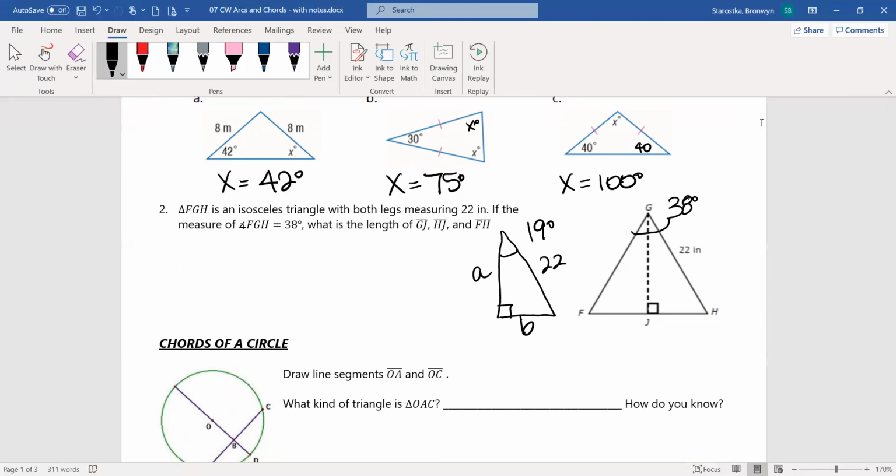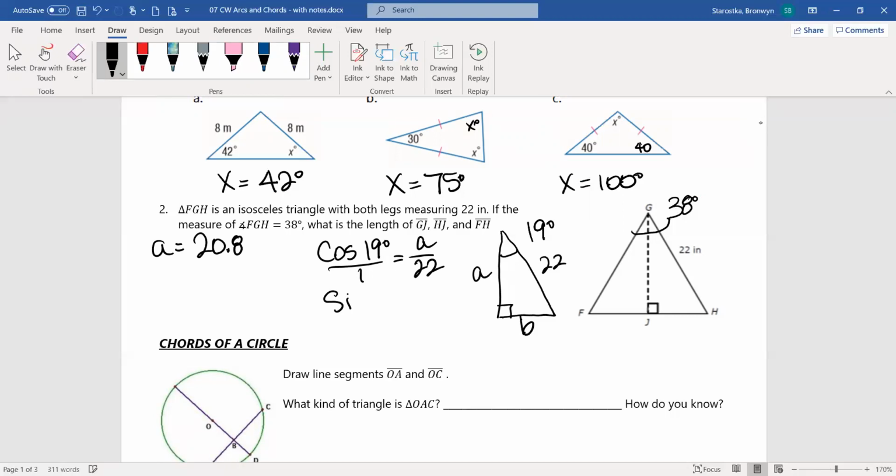So that's right, SOHCAHTOA. Cosine 19 degrees is A over 22, which means A is going to be 20.8.